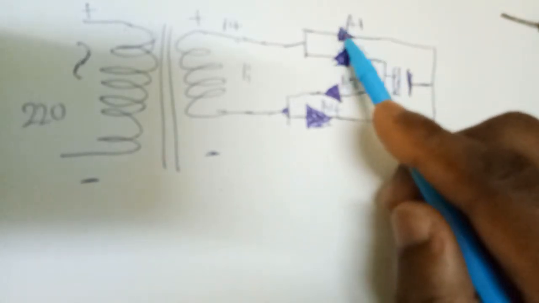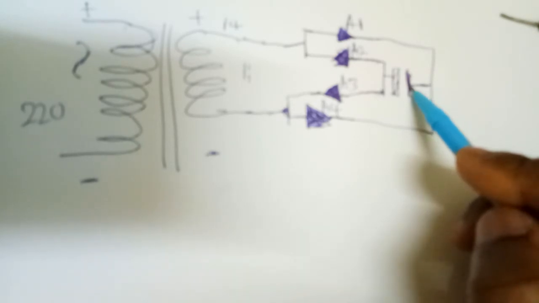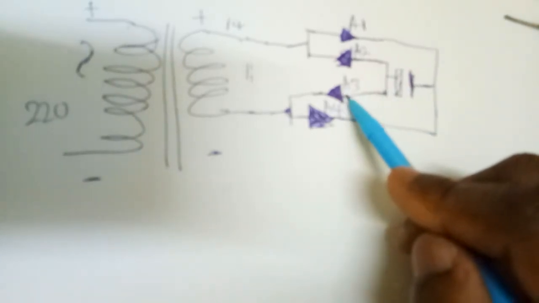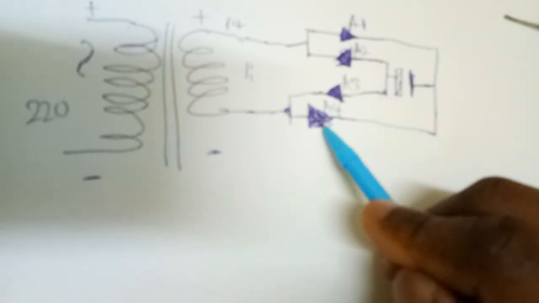So current flows from A1 down here. A3 is forward biased, A4 is reverse biased.